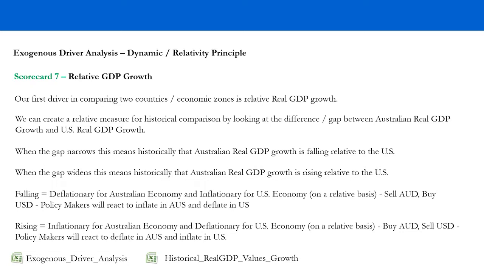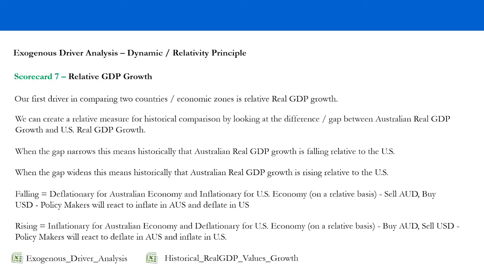But when we compare it to another country, what we want to do is measure the relativity or the relative growth of the two economies and the speed at which they're growing relative to each other. So we create a relative measure for the historical comparison by looking at the difference or gap between Australian real GDP growth and US real GDP growth.